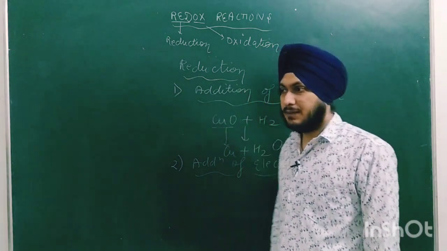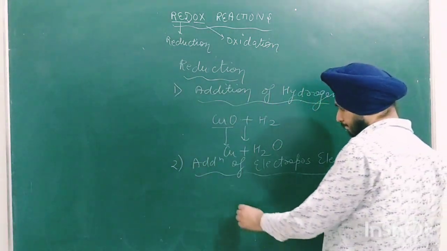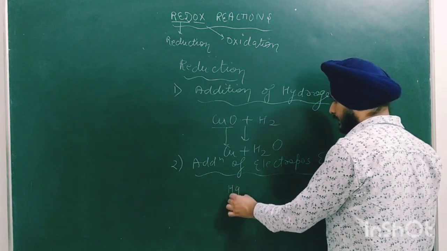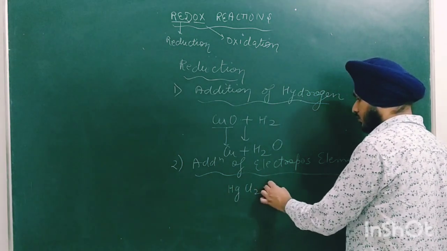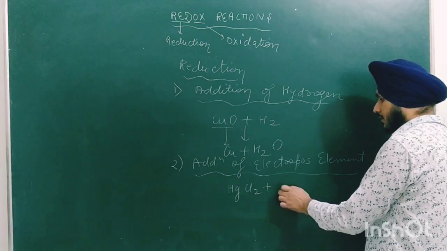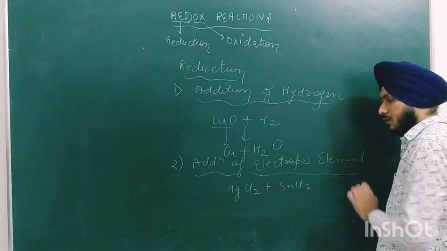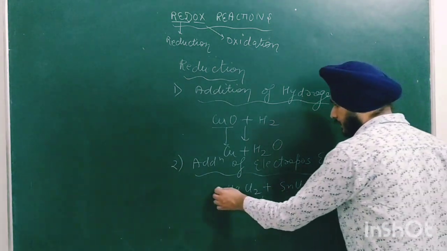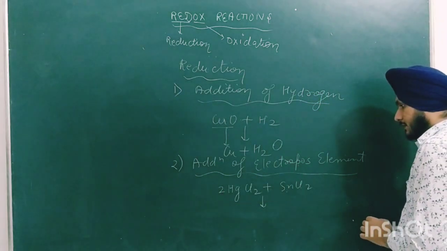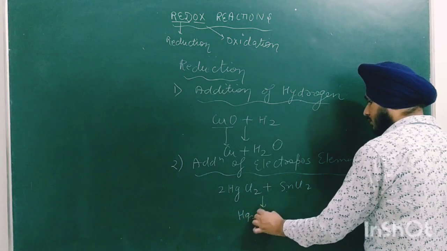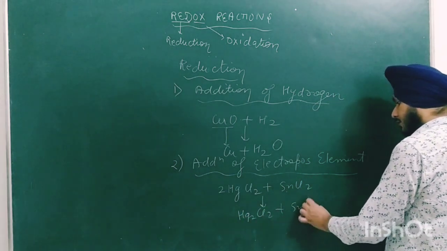For example, if we have HgCl2 and we add SnCl2, tin, then we get Hg2Cl2 plus SnCl4.